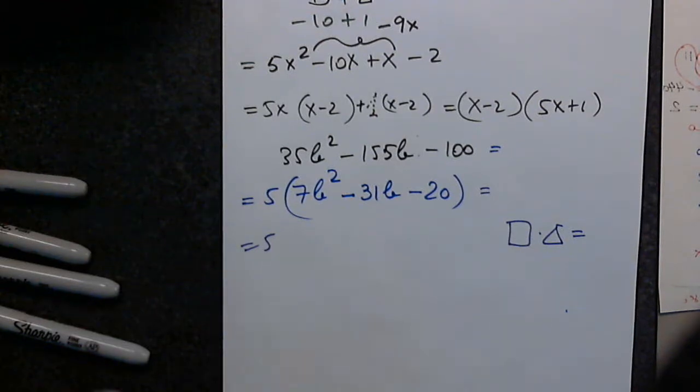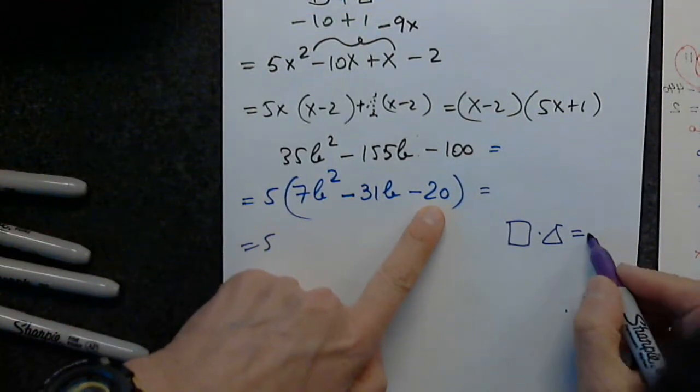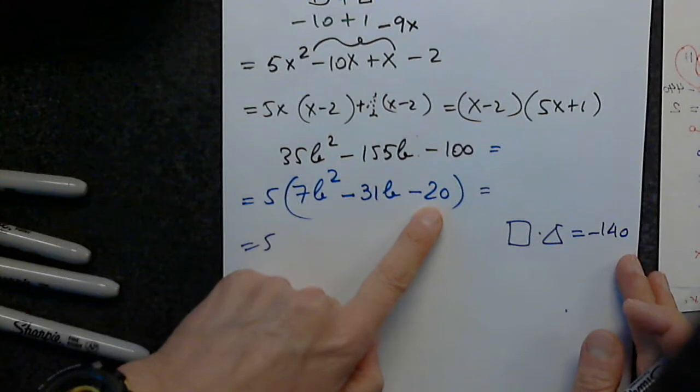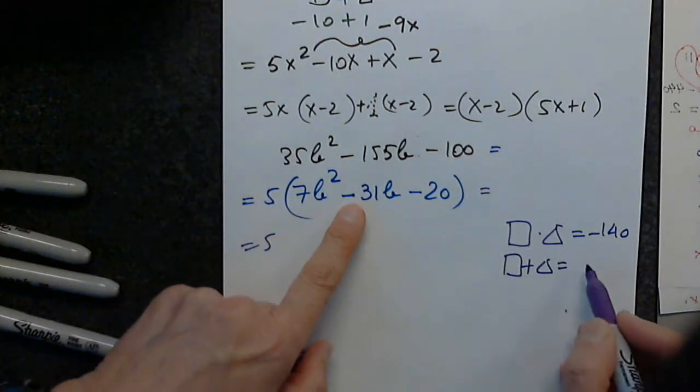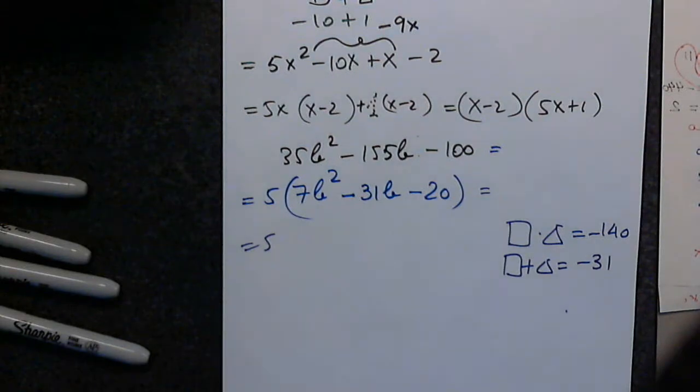Good. So then 7 times negative 20 is negative 140, which is a huge number. And their sum is negative 31. So regardless of whether the leading coefficient is 1 or not, the sum of the numbers you find never changes. Now, if the leading coefficient is 1, then you have only negative 20.